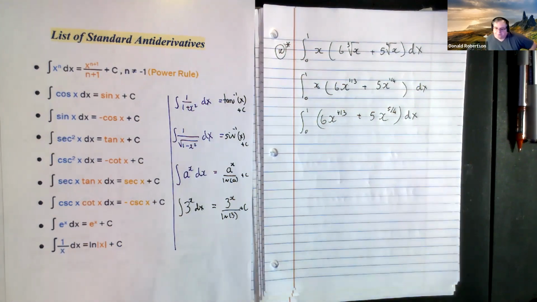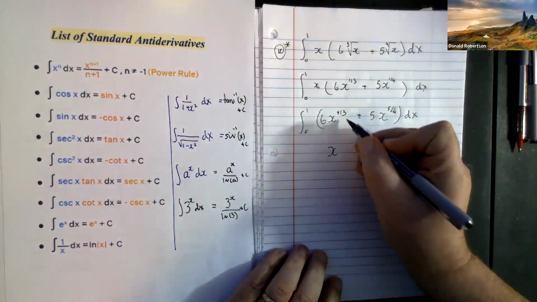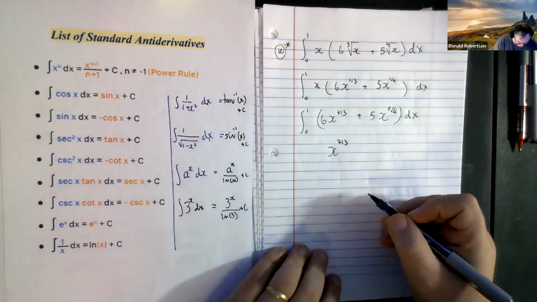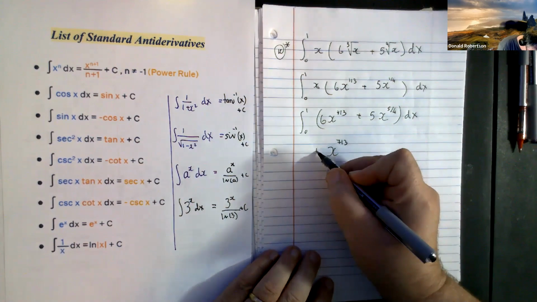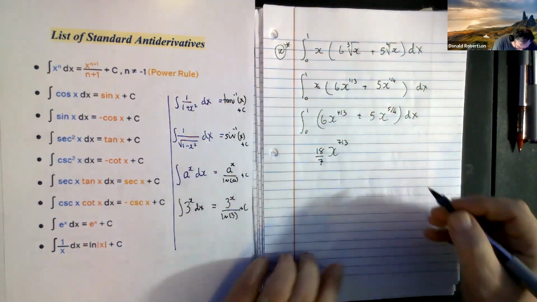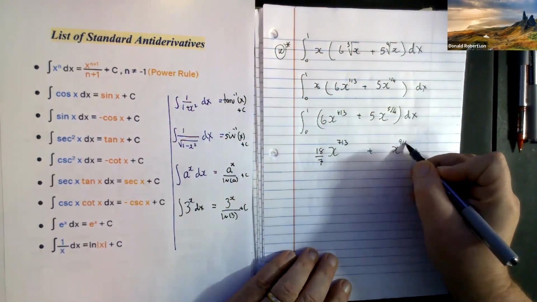So far, so good. Now, at this point, we can use the power rule. If you add 1 to 4/3, you get 7/3. If you divide by 7/3, it's the same as multiplying by 3/7. So that's why you get 18/7. This one, if you add 1 to it, you get 9/4.